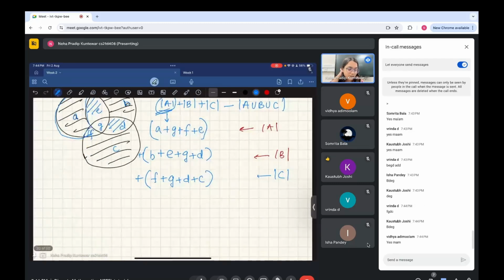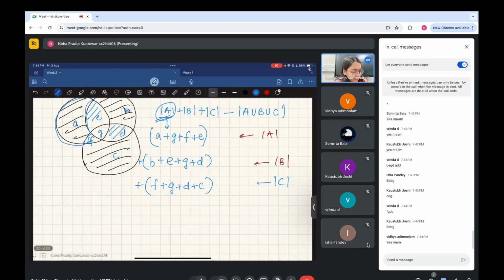Okay. So now let's write what gets counted when you do A union B union C. What are the elements that get counted?